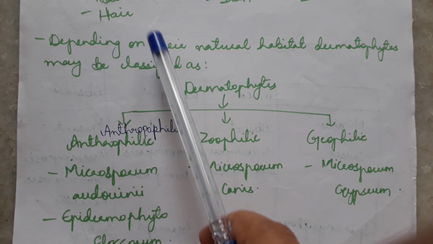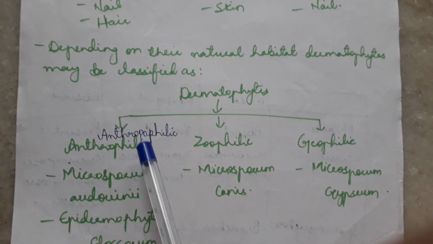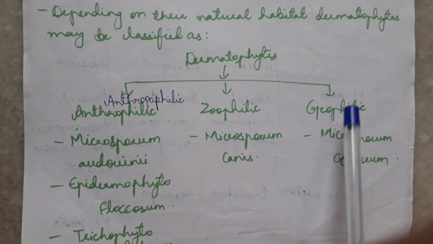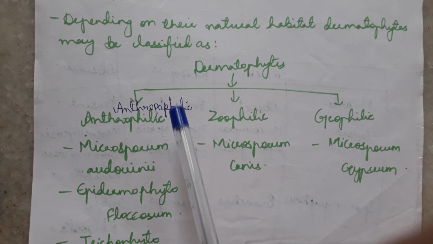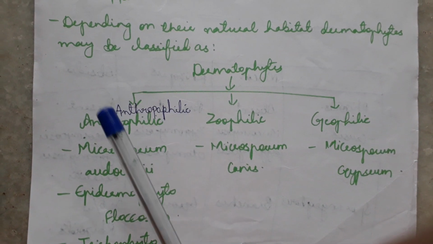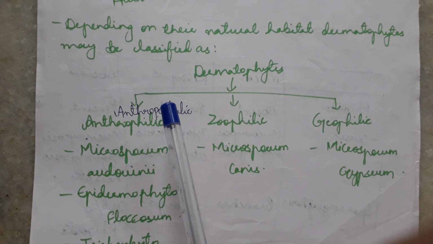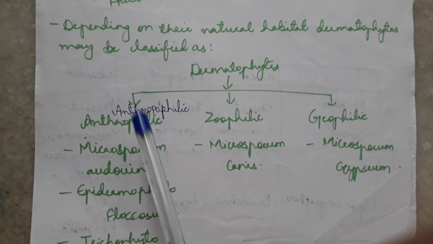Depending on their natural habitat, dermatophytes may be classified as anthropophilic, zoophilic and geophilic. Anthropophilic ones are often transmitted from one person to another or by contaminated objects, for example clothes, hats, hairbrushes, and generally cause long-lasting infection with mild inflammation.